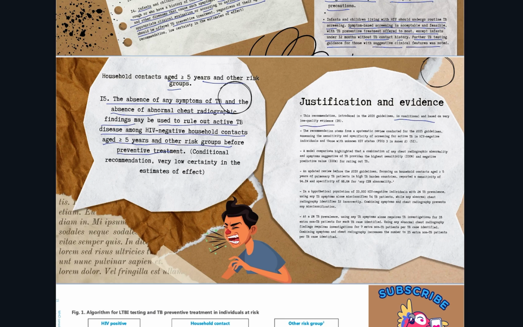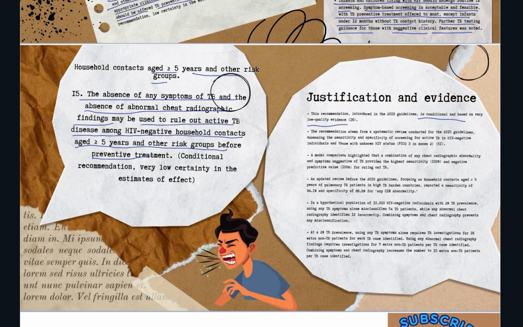The recommendation stems from a systematic review conducted for the 2015 guidelines, assessing the sensitivity and specificity of screening for active TB in HIV-negative individuals and those with unknown HIV status. A model comparison highlighted that a combination of any chest radiograph abnormality and symptoms suggestive of TB provides the highest sensitivity and a negative predictive value of 100% for ruling out TB.